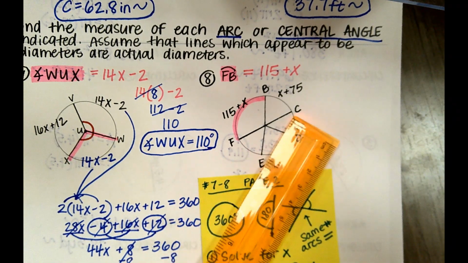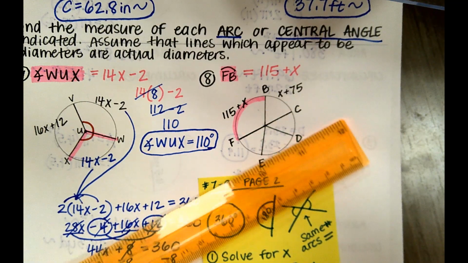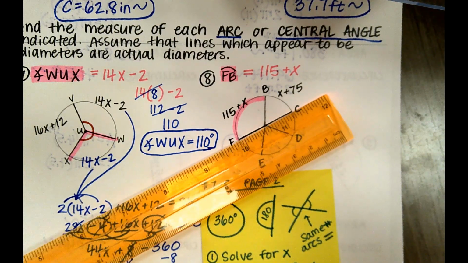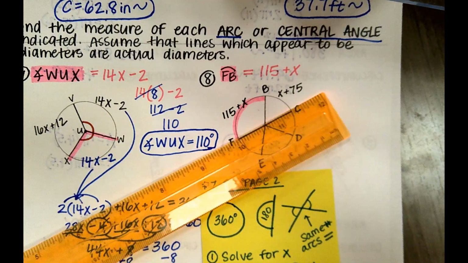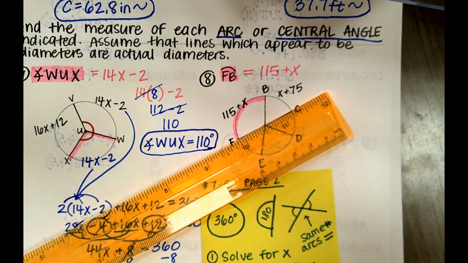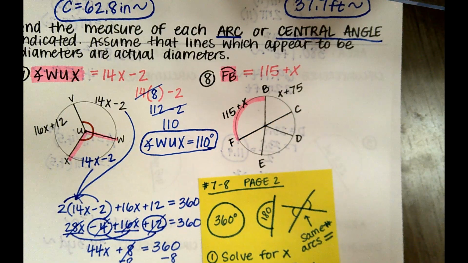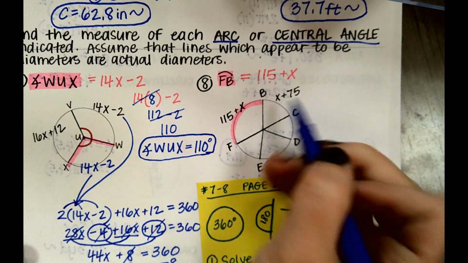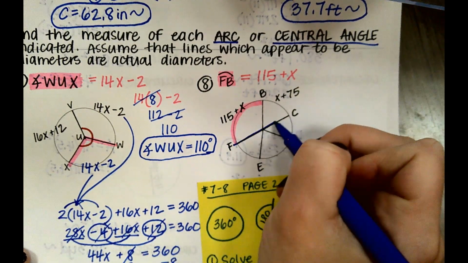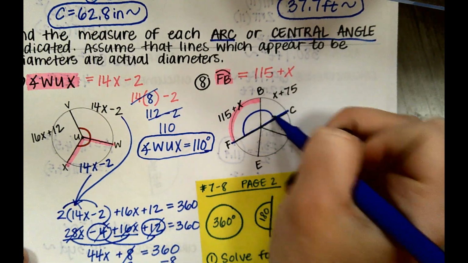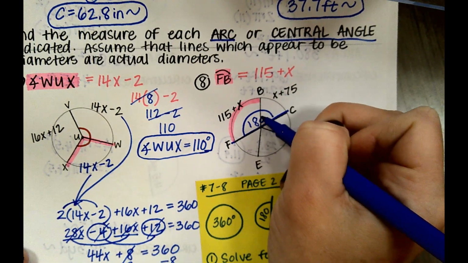F and C. From F to C, there is a diameter. And if I cover up the rest of the circle, it makes it a little easier to tell that these two angles add up to 180. So let's mark that. F to C is 180.